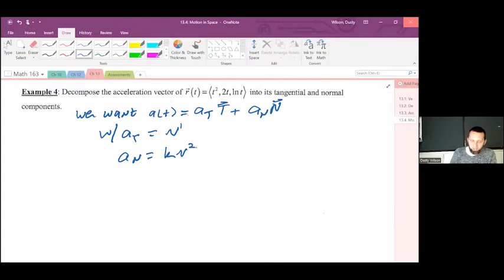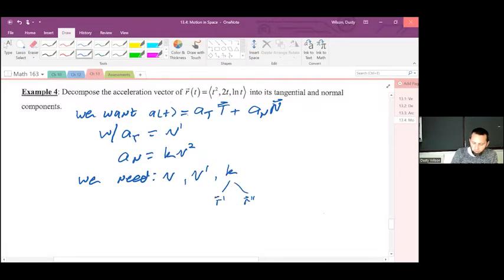So let's make a list of all the things that we're going to need to find in order to make this happen. Looks like we're going to need the speed function. We're going to need the speed derivative. We're going to need the curvature. In order to define the curvature, that's going to require that we find r prime and r double prime, along with some magnitudes.